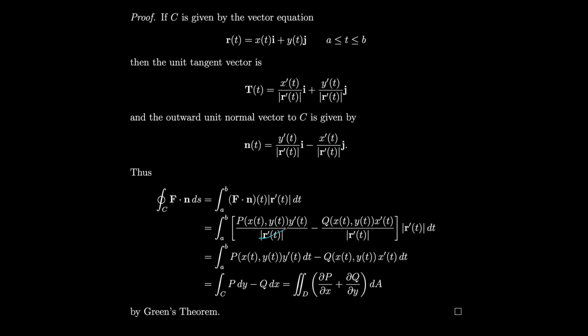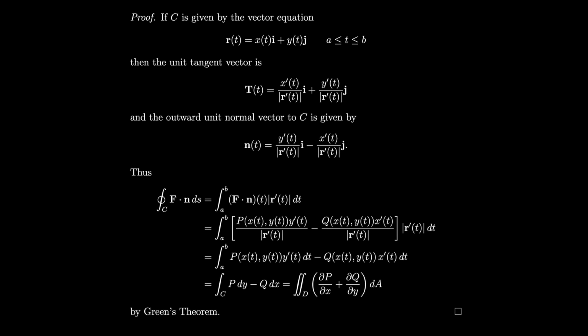Notice that the length of r prime will cancel, so we'll just have the numerators, but that's the same thing as saying P dy, because y prime of t dt is dy, minus Q dx, because x prime of t dt is dx, which is the double integral of the partial of P with respect to x plus the partial of Q with respect to y.